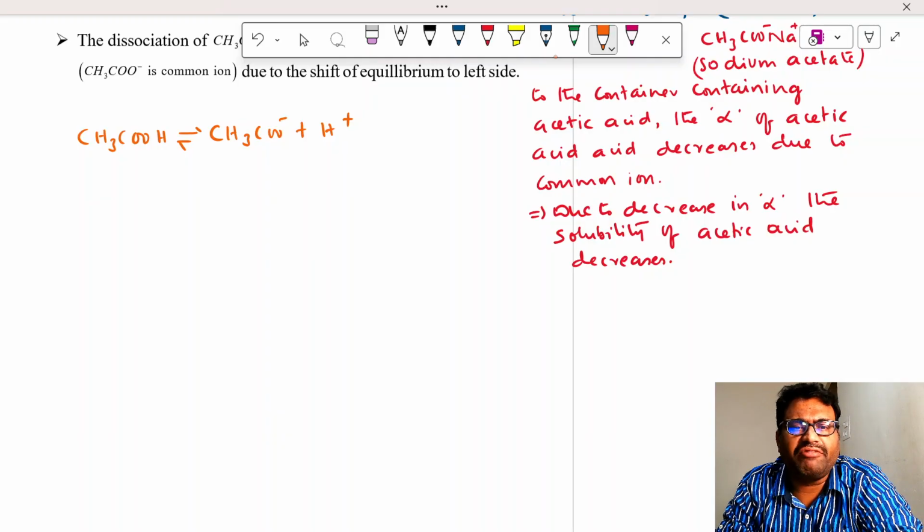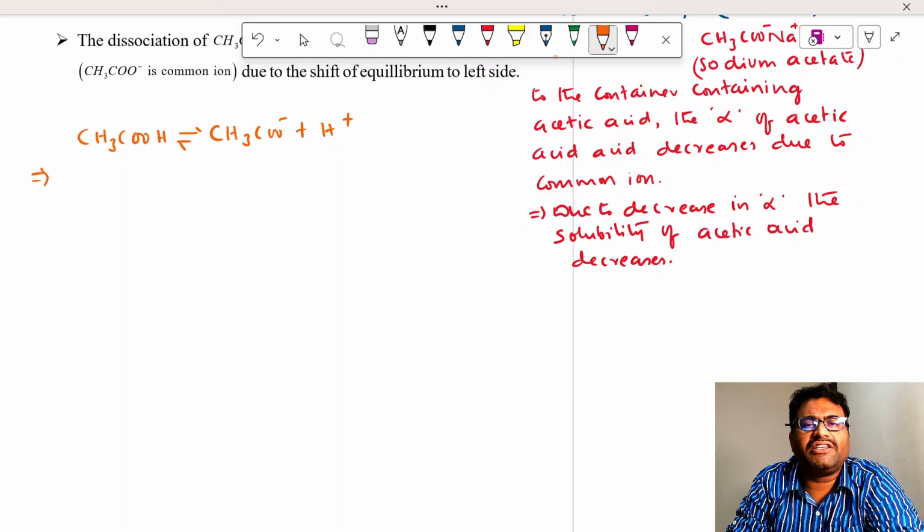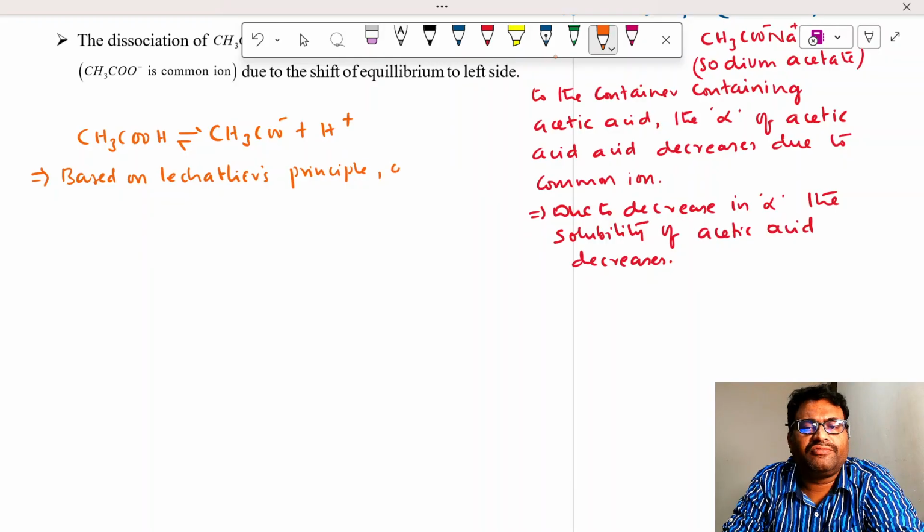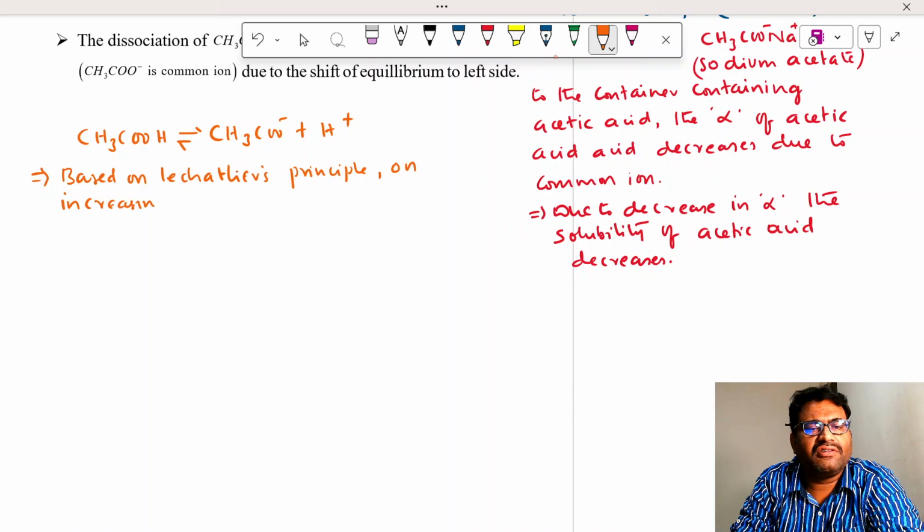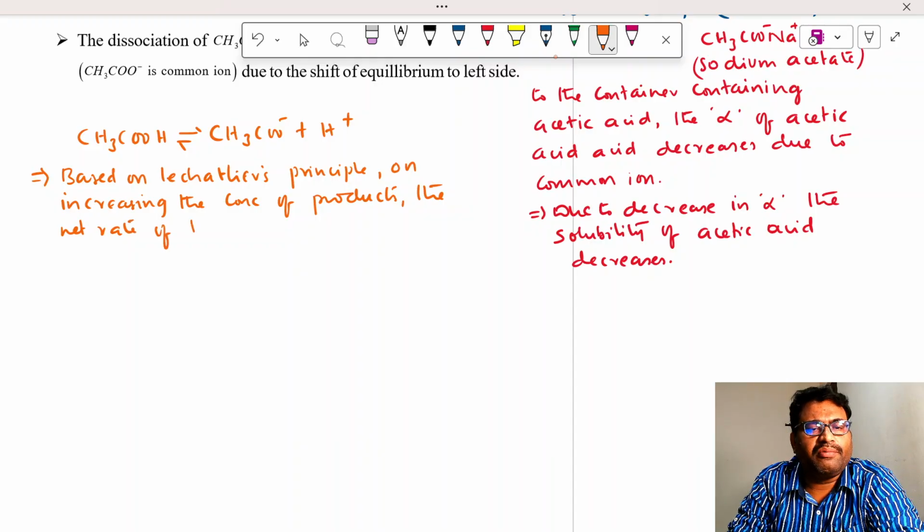The rate of forward reaction is equal to the rate of backward reaction. Now, based on Le Chatelier's principle, on increasing the concentration of the products, the net rate of backward reaction is favored.